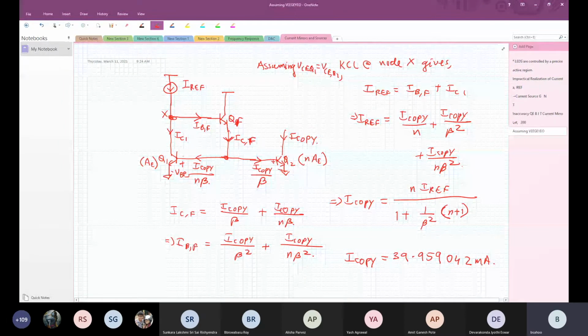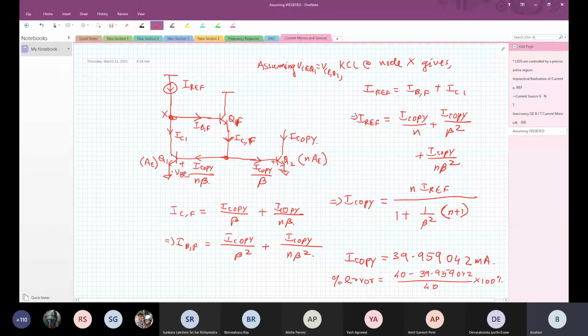Okay, so how much percentage error do you get? What is the percentage error? Percentage error equals 40 minus 39.959042 divided by 40 times 100. So how much percentage is that?